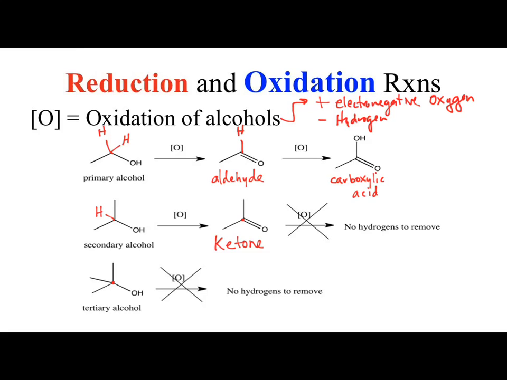Nothing occurs. Yes? So you're saying with alcohols in general, if you don't have a hydrogen to remove, it won't happen? Yes. And that's just for alcohols? I am not familiar enough with my redox reactions to say it's applicable to all things.